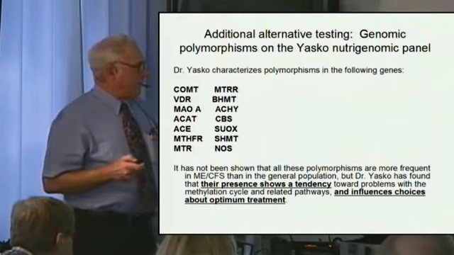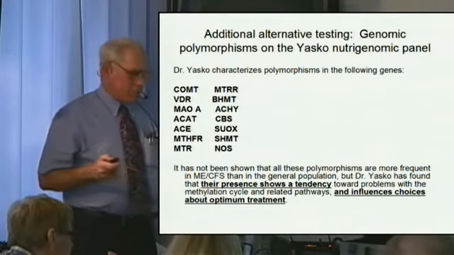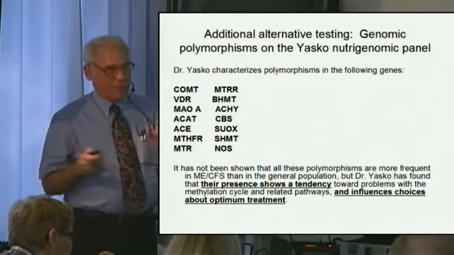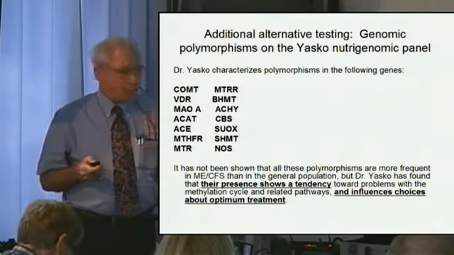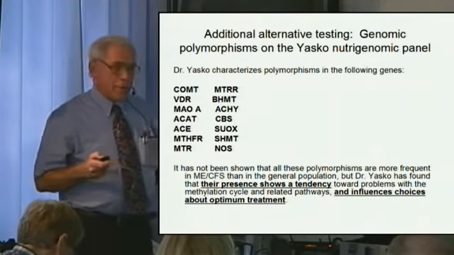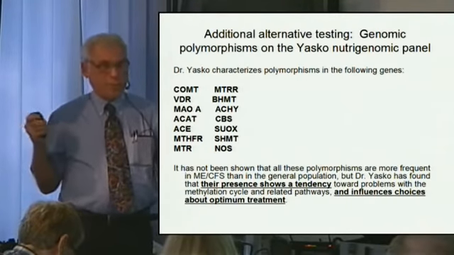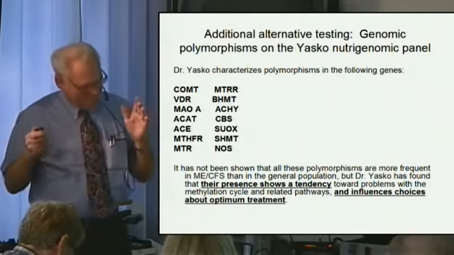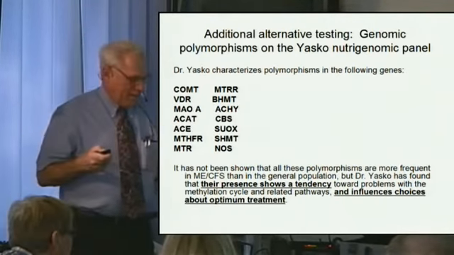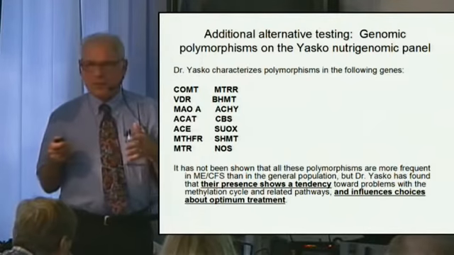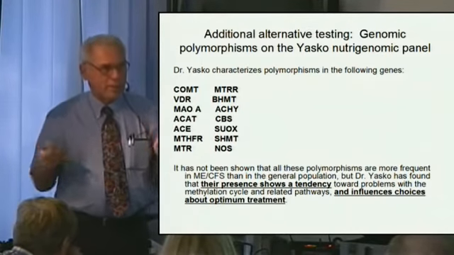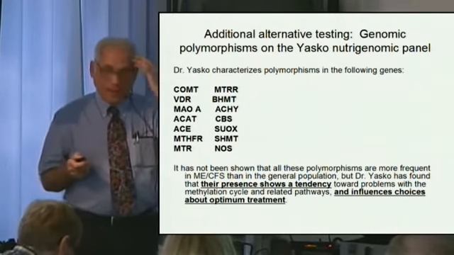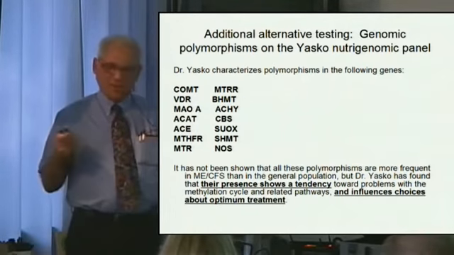So it tends to be a rather complex program. It tends to be expensive, involves a lot of testing, and sometimes people end up taking 50 supplements a day. Some people are willing to do that, and I think there's some benefits to it, but what I found in working with chronic fatigue syndrome people is, number 1, a lot of them didn't have any money, and number 2, they didn't have much brain power either because they were sick.